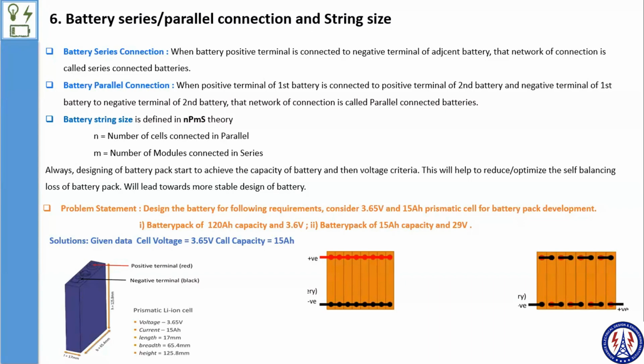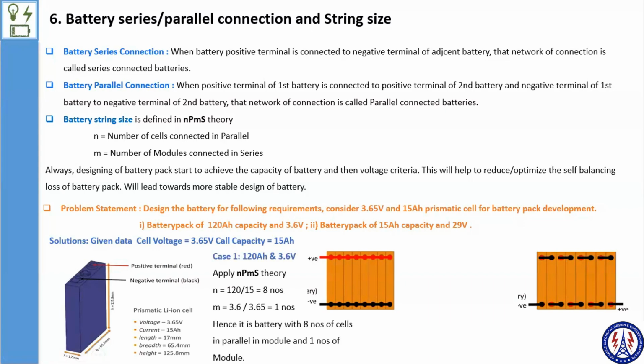So the impact of your series and parallel connection is reflecting here. If you look at the quantity of cells in both batteries, it is the same, right? How do you define the quantity of cells?